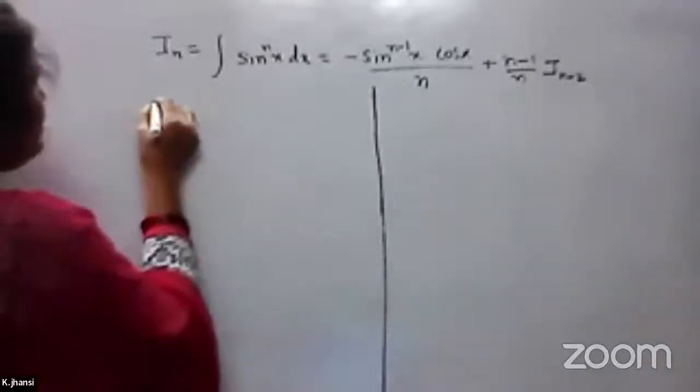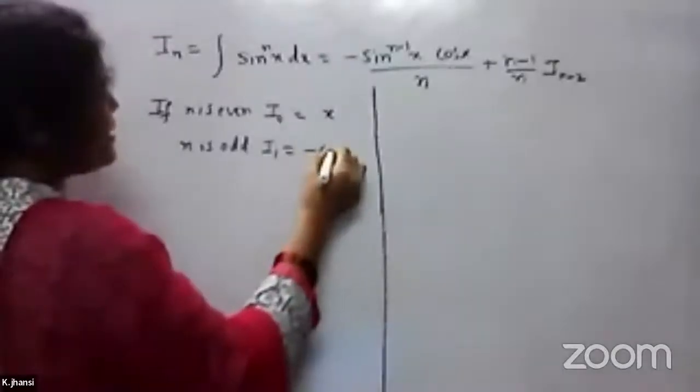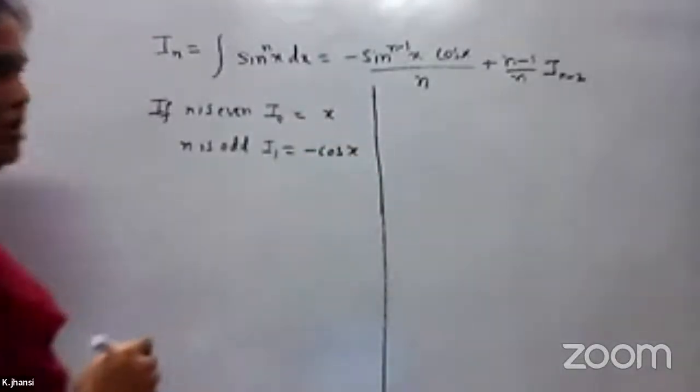So I have told you, if n is even, the I0 value will be x, and if n is odd, it is minus cos x. Okay.